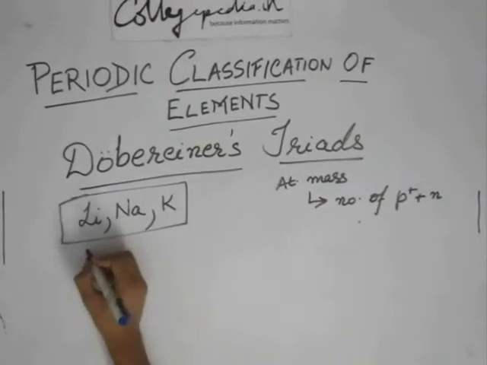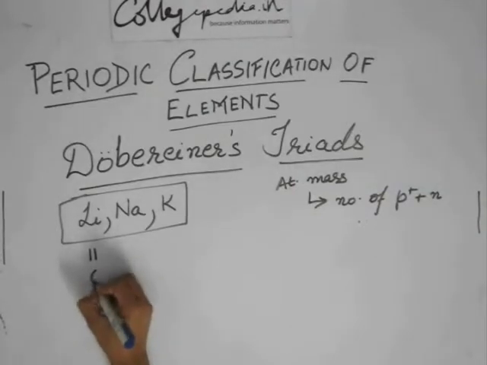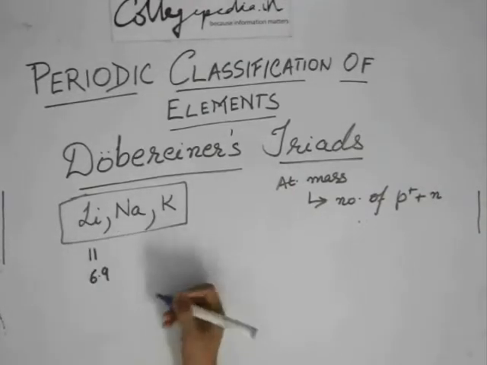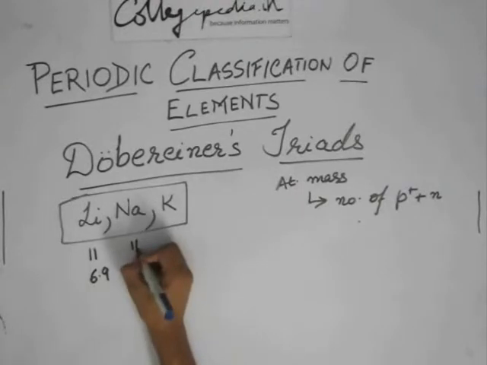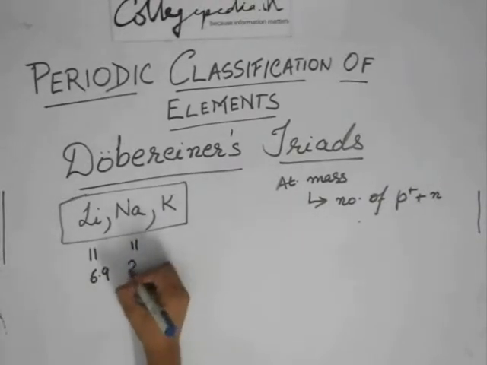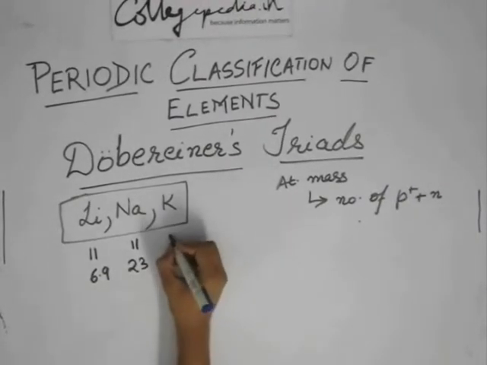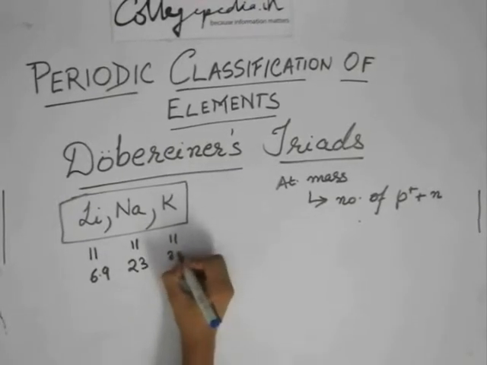So lithium's atomic mass or atomic weight is 6.9. You can consider it as 7 if you want to. Sodium is 23 and potassium is 39.